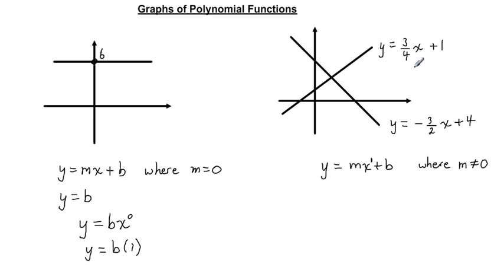Now what I'd like to focus in on here is the leading coefficient for both of these equations. For the positive sloping line, we've agreed that the degree is 1 and that the leading coefficient in this case would be the 3/4.